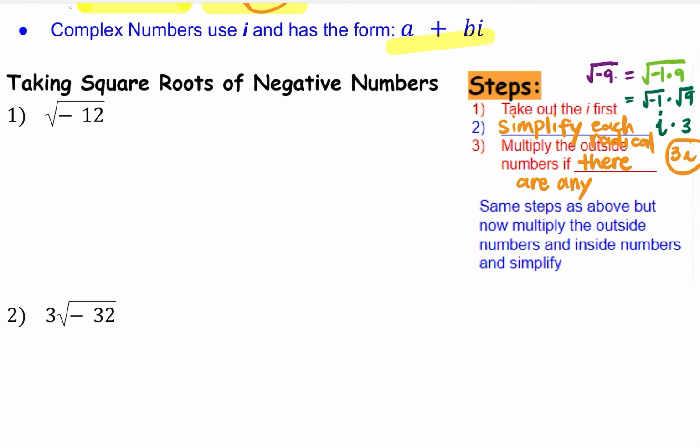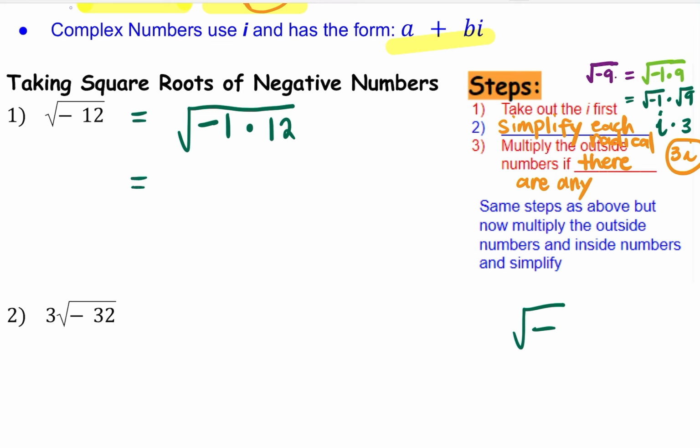So, the square root of -12. First we are going to take out the i, and so we split it into the square root of -1 times 12. You might be asking why we put a -1 and not just a square root of a negative. That's not possible; there should be a positive number in that radical.